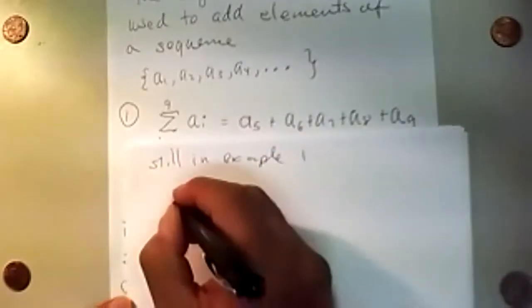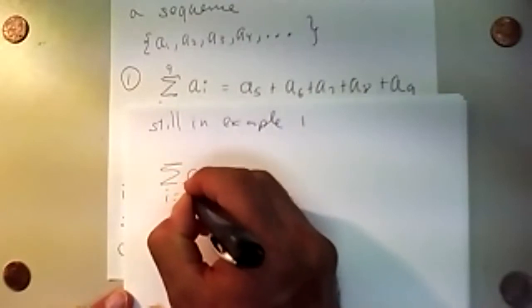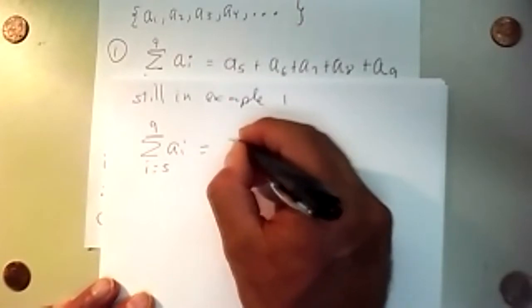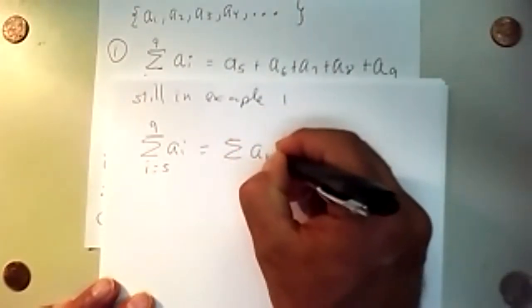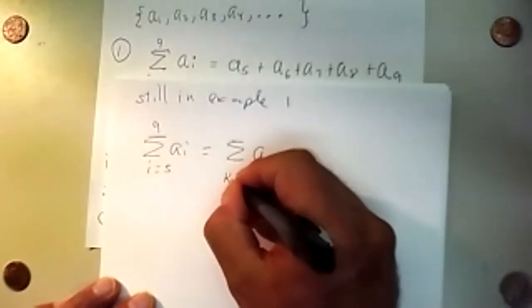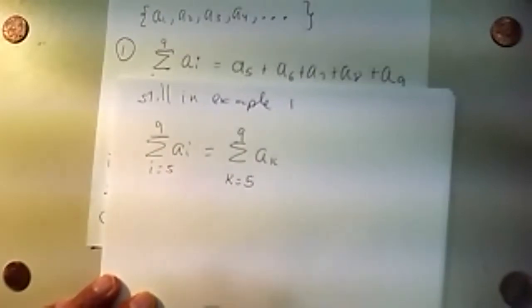In example 1, the sum of the A sub I's from I equals 5 to 9 can also be written as the sum of A sub K. Oftentimes people use K, from K equals 5 to 9. Same thing. Don't get confused.